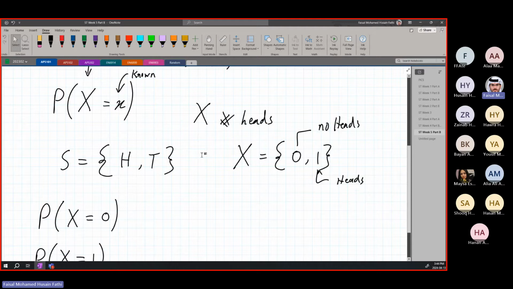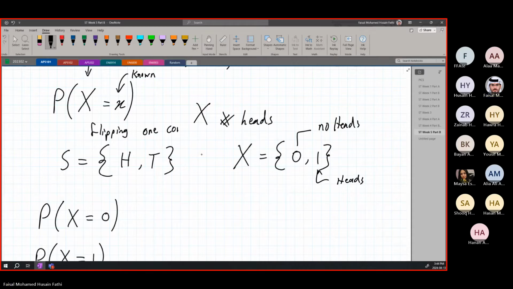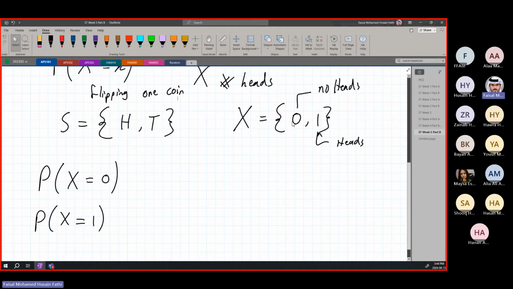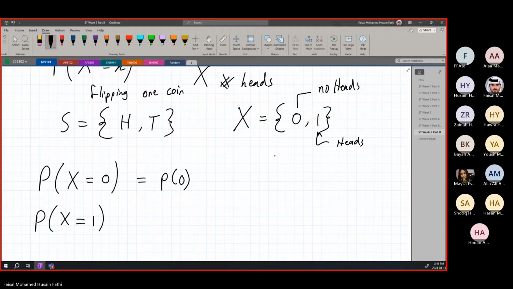But this is in the case of flipping one coin. So it can either be heads or tails. So it can be either no heads or heads. So how can we find the probability here? So this is P of x equal to 0. In other words, we can say this is the small p of 0. All right. Or we could simply say this is the p of no head. It's the same thing because 0 is no head.